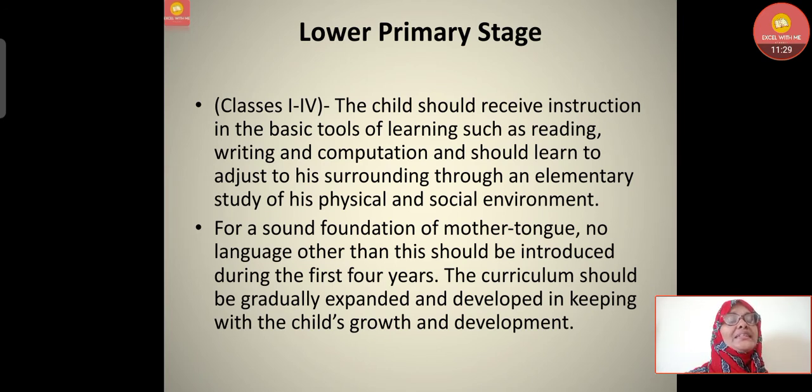Now let's understand the three stages mentioned, for what should be there in the syllabus or the textbooks at the different stages. Class 1 to 4 is called the lower primary stage. The child should receive instruction in the basic tools of learning such as reading, writing and computation, and should learn to adjust to his surroundings through an elementary study of his physical and social environment.